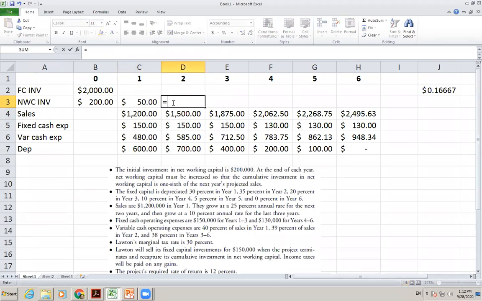And we do the same thing for the rest, times next projected cash flow minus the already existing net working capital, like year 0 and year 1.